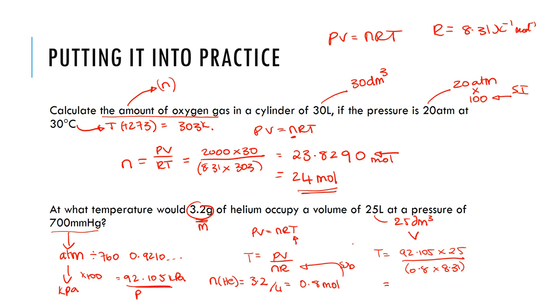And we get a value of 346 Kelvin. Okay, so it's 346.36. We can't give Kelvin to any more precision than this, so we're going to keep to the 3 sig figs and lose my decimal points, which were 0.36. So at 346 Kelvin, this is the temperature that this gas would occupy that volume.